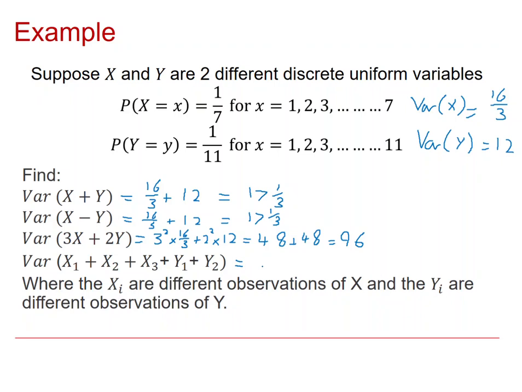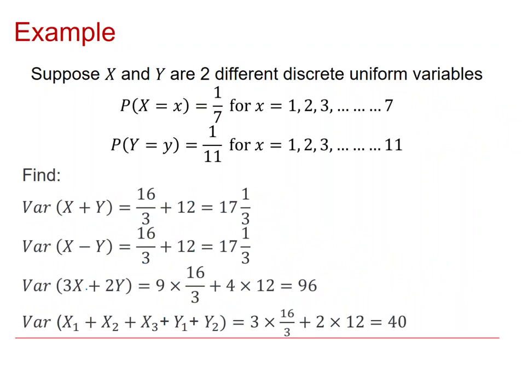But the variance of x, which is 16 over 3, plus the variance of x, which is 16 over 3, plus the variance of x, which is 16 over 3, plus the variance of y twice, is going to give me, well, that bit there is 16 plus 24, which gives me 40. And therefore you're getting different answers when you triple a value as you do if you're taking independent different observations of x.